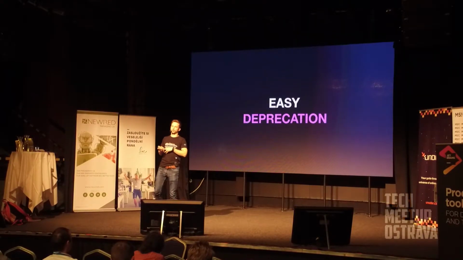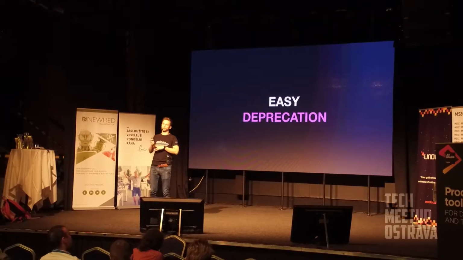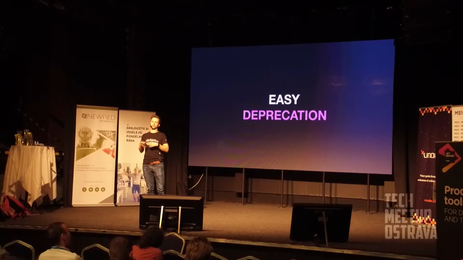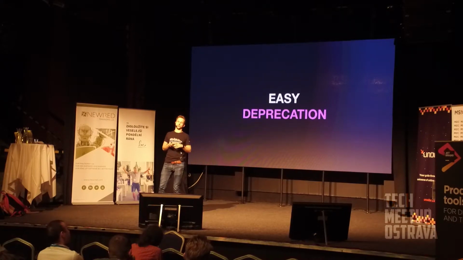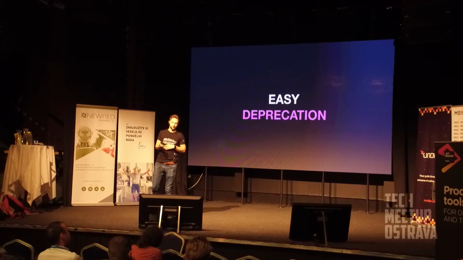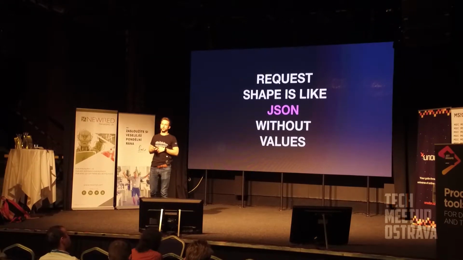And fields in GraphQL can be easily deprecated, for example by introducing a new field, and the previous field that needs to be deprecated will just have a message that it is deprecated when you use it. You will see it in the response. And I'll show you a bit of syntax.